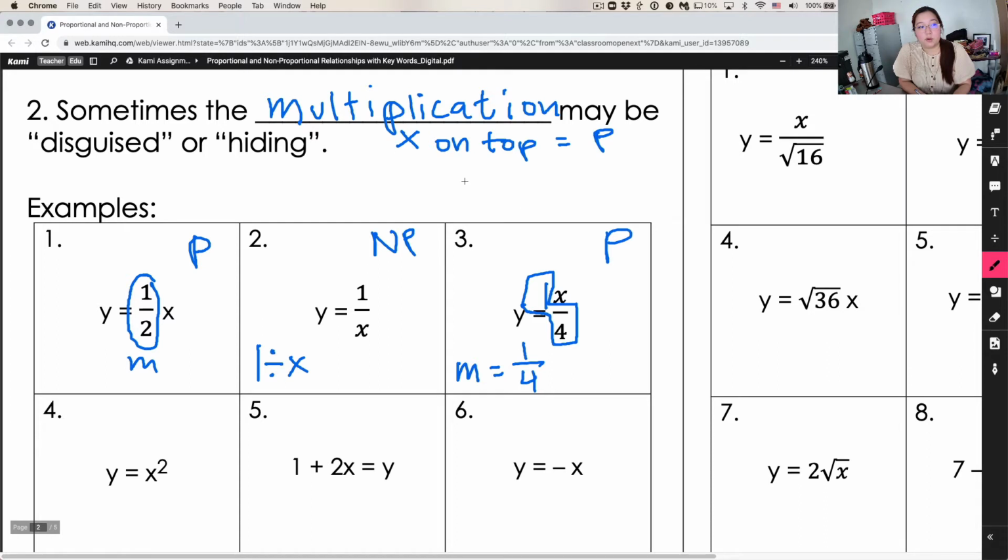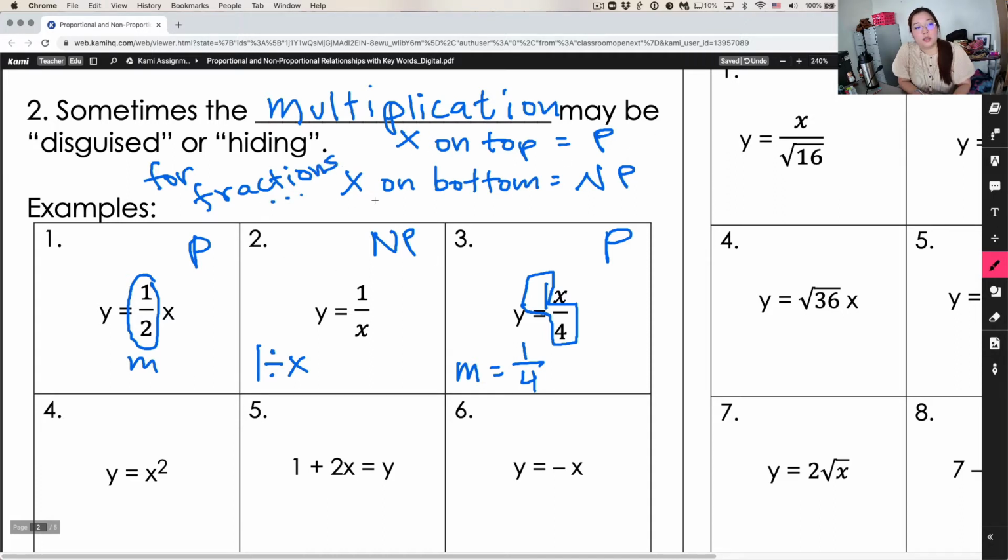X on bottom is non-proportional. We cannot have x on the bottom of a fraction. X on top is proportional. X on bottom, non-proportional.